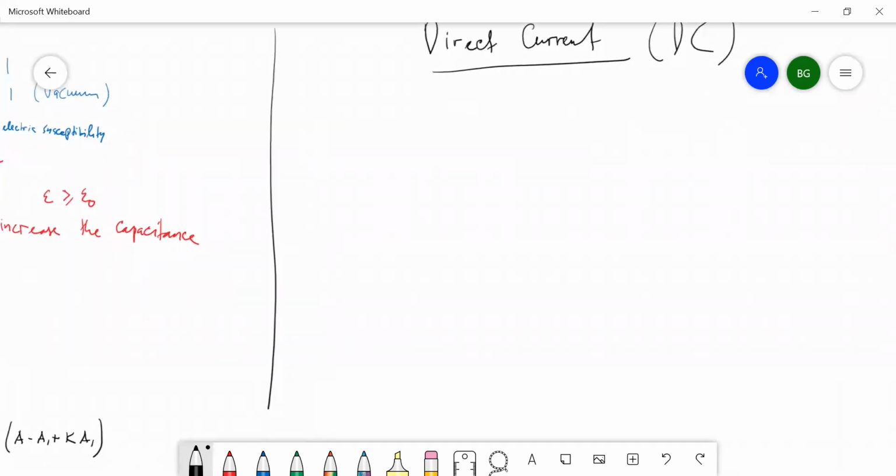Okay, so usually in general, the charge, for example Q, travels with velocity V, whether it's at rest or travels through space.